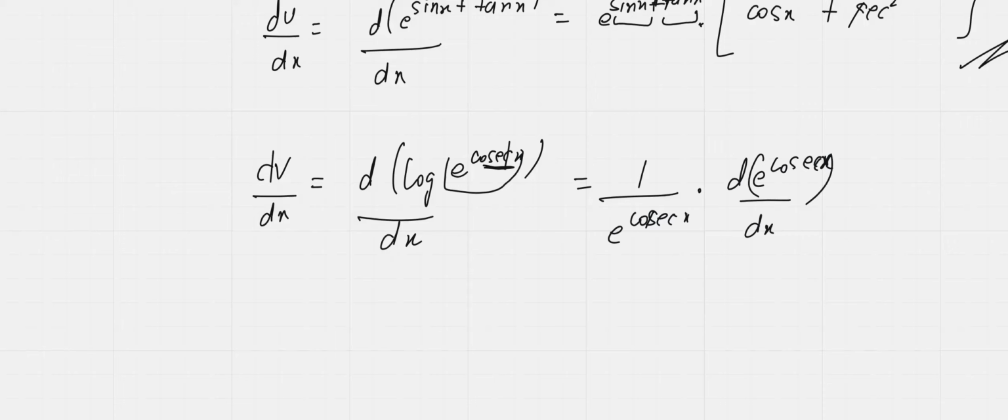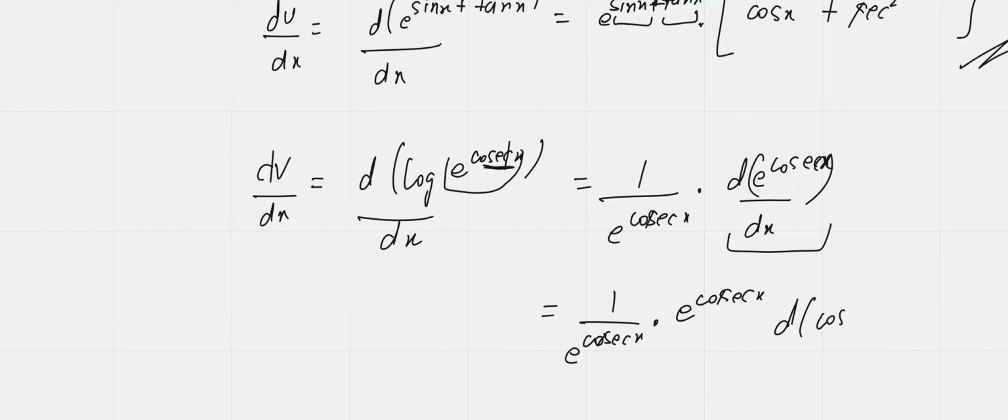The answer is e to the power cosec x, dot the differentiation of cosec x, which is minus cosec x cot x. Clear?